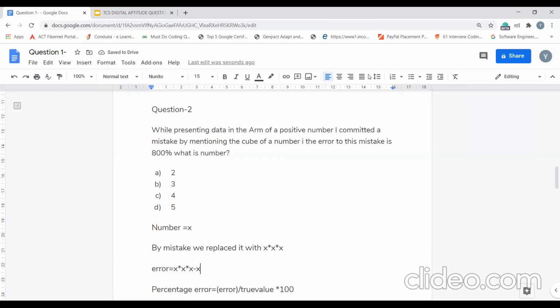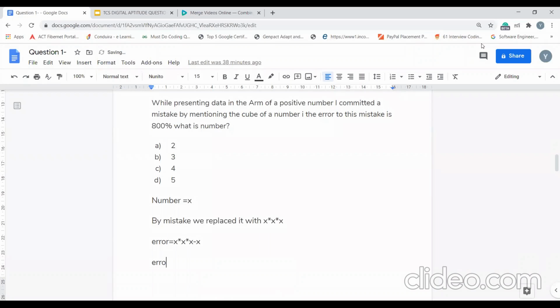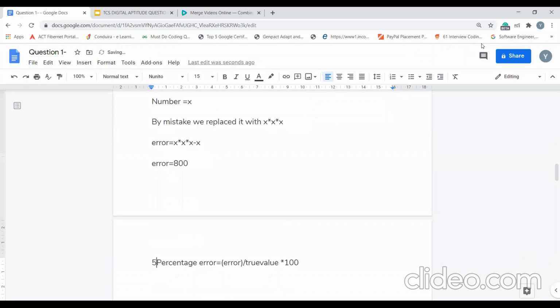Already it is mentioned that the error percentage is 800%. We know that percentage error equals error by true value into 100.